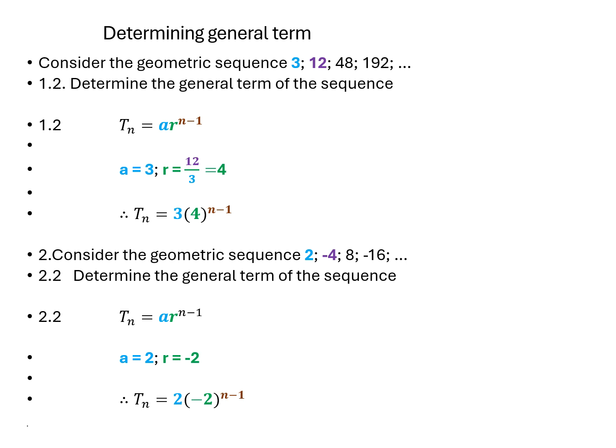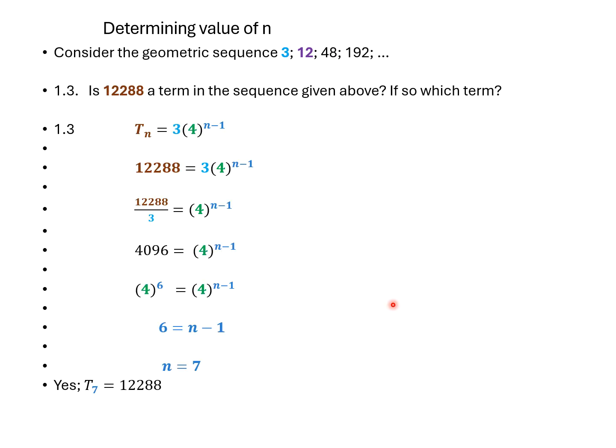Hope we're still together. Right? Now consider the sequence 3, 12, 48, 192. Now they want to know, is 12,288 a term in the sequence given above? If so, which term? Alright, so we know that Tn, my A value is 3, my R, 12 divided by 3, is 4, n minus 1.